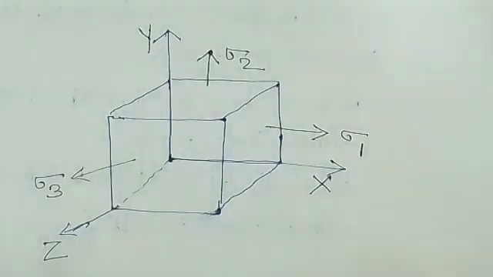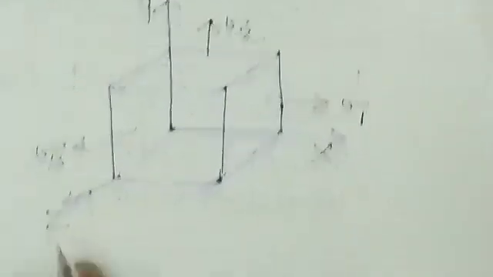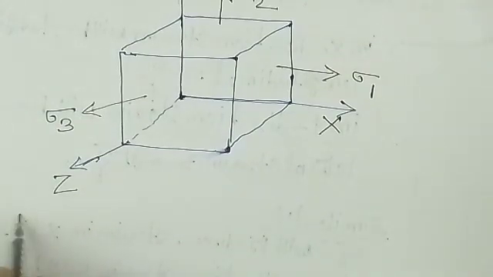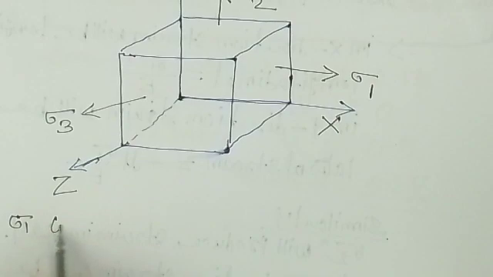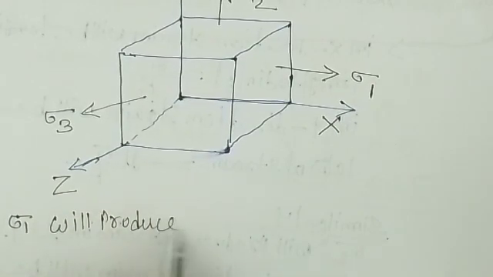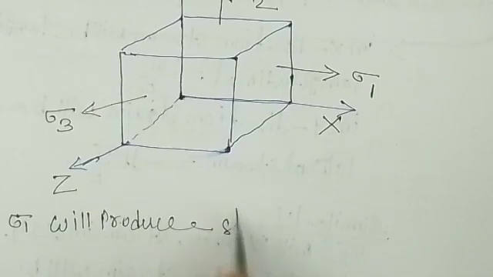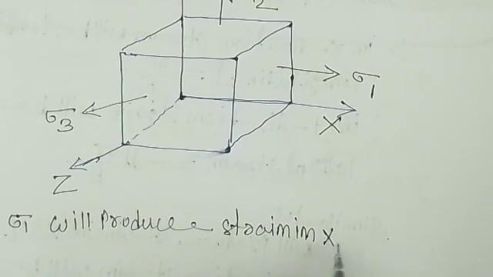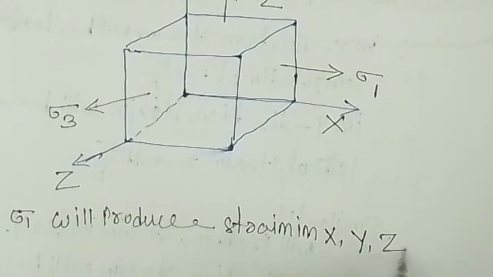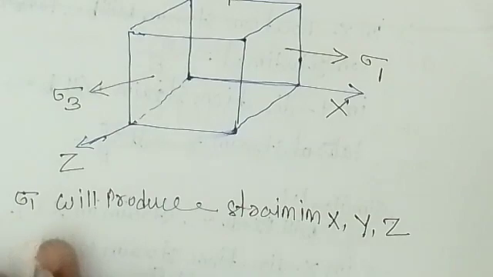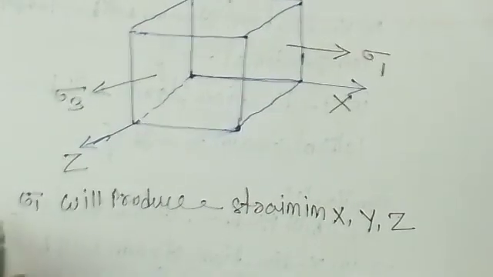Similarly, I'll write one statement, and then you have to write down the similar ones. Let sigma 1 produce a strain in x, y, z direction. Means in all 3 dimensions the strain will be produced because of sigma 1.